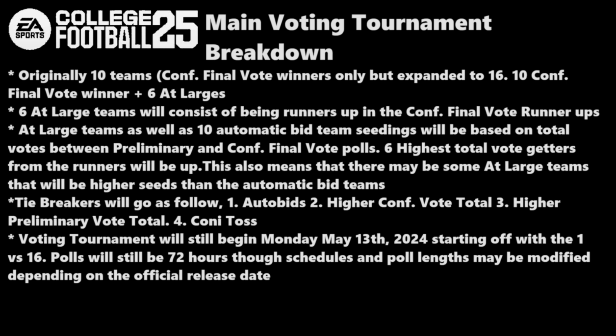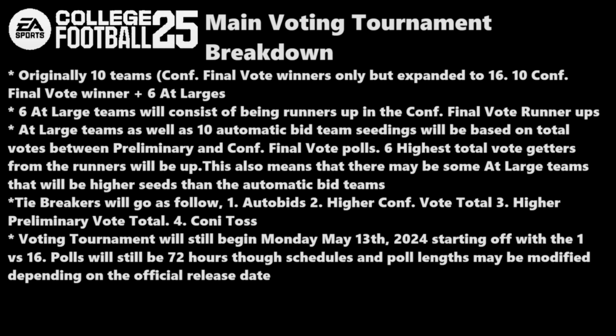And then some of the tiebreakers: if a team with an automatic bid and a team with an at-large bid have the same number of votes, the team who won their conference poll, the automatic bid, will get priority over the at-large team.